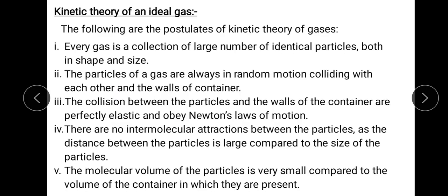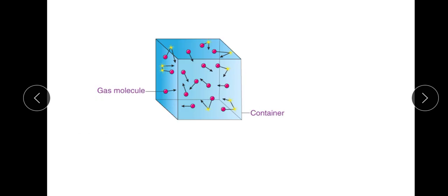Now, let us observe the postulates of kinetic theory of gases. The first postulate says that every gas is a collection of a large number of identical particles, both in shape and size. You can observe here the red dots, which are called molecules of a gas.